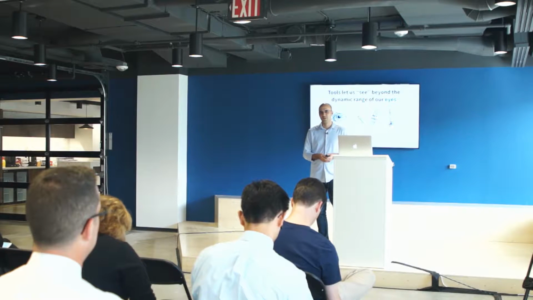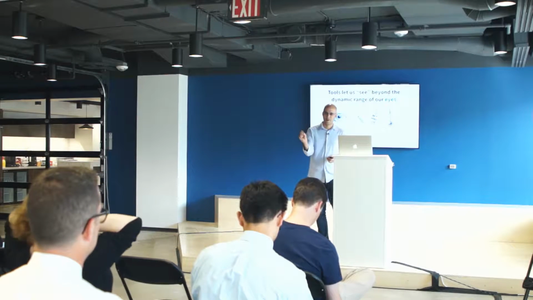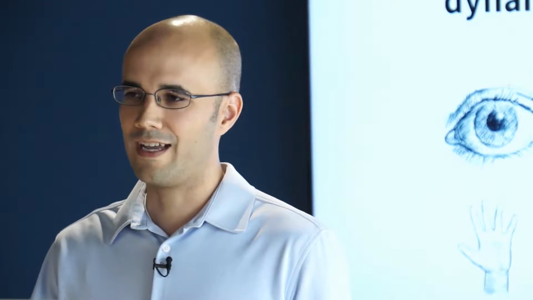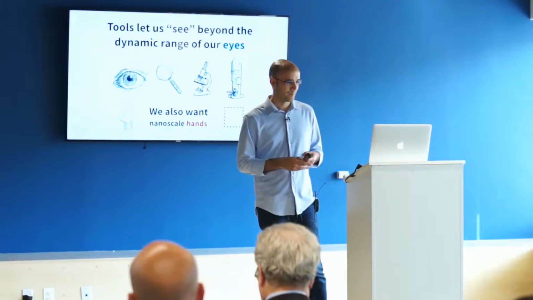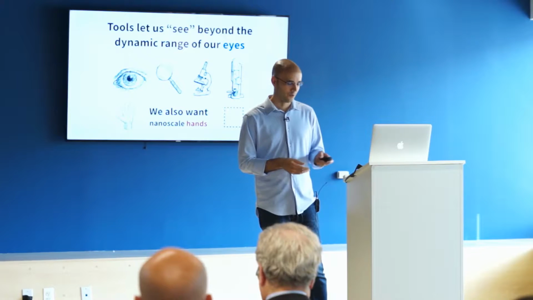But sometimes it would be really useful and helpful if we could just grab onto the things that we're studying and manipulate them and actually put them where we want them to go or pull on them. There's just a lot of things that we as humans do on the macro scale that we can't do on the nanoscale. And so that's what we're trying to do, is build the nanoscale hands to complement our eyes that we can achieve through these tools.